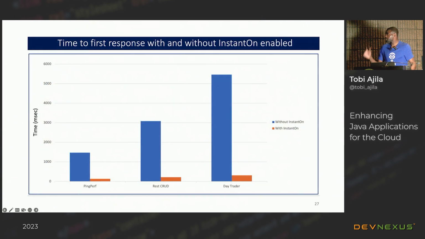So here are just some performance numbers that we've run with instant on and without instant on. For the most part, typically you can expect around a 10x improvement when you use the feature, but it can vary a little bit depending on what your application does.